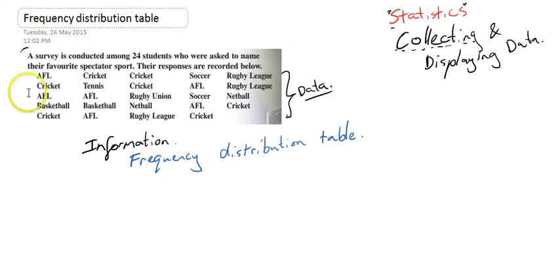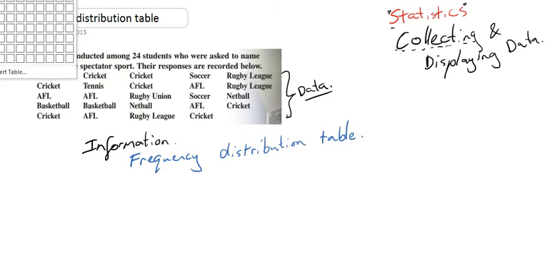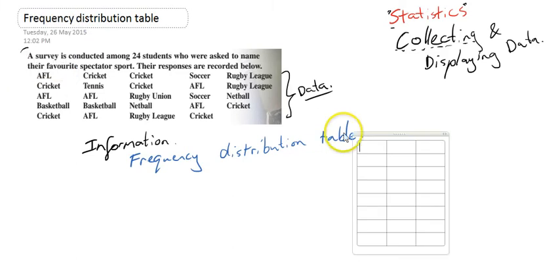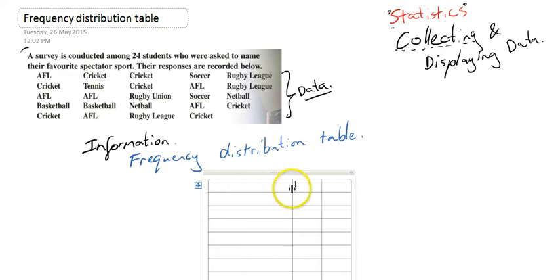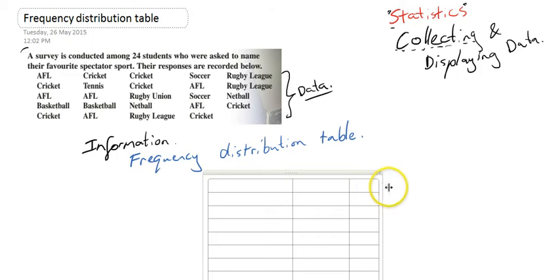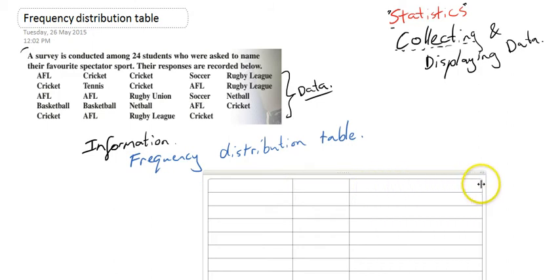So the first thing I'm going to need is a table. I'm going to use 3 columns for my table. Okay, let's start drawing in our table now.